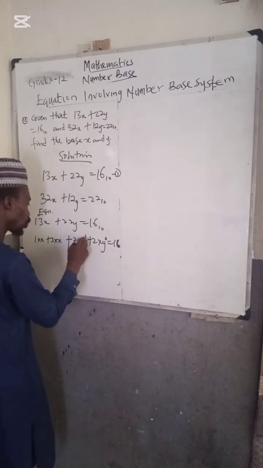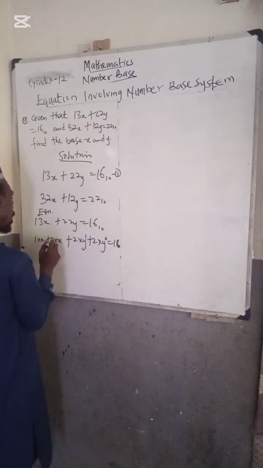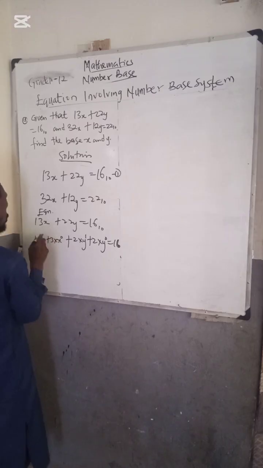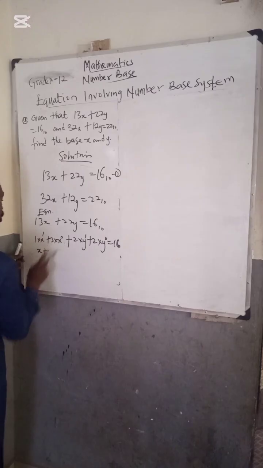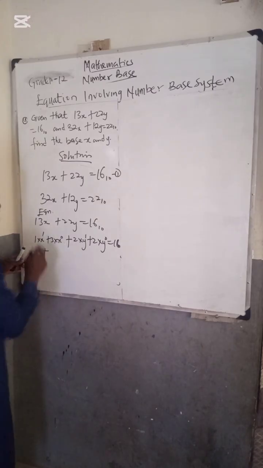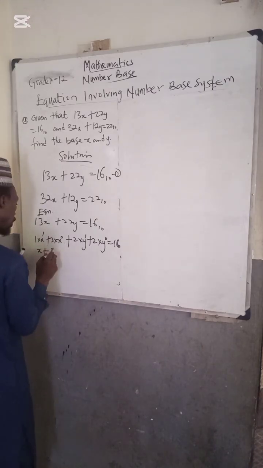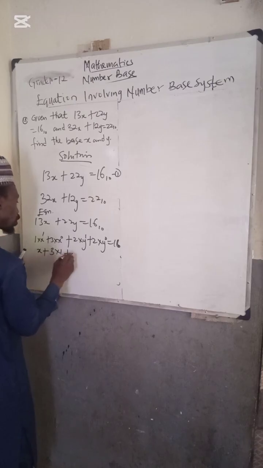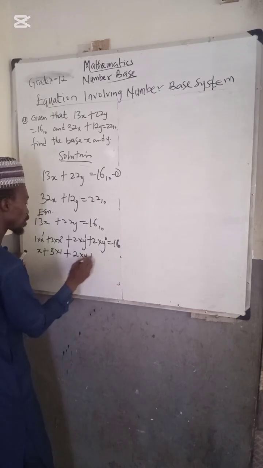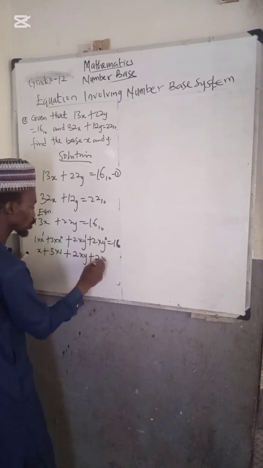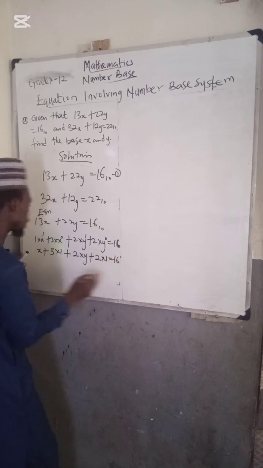Any number raised to the power 0 is 1, so 3 times 1 is 3.